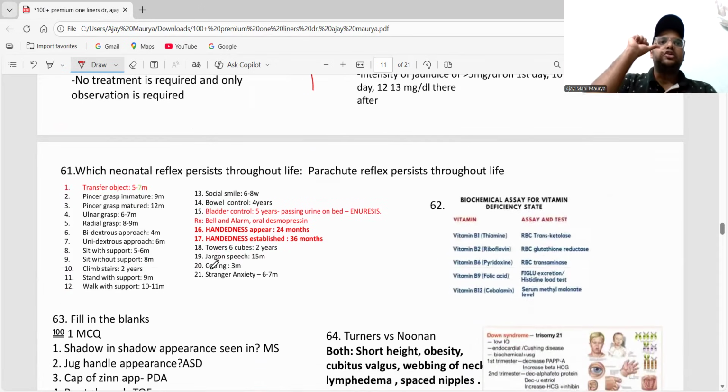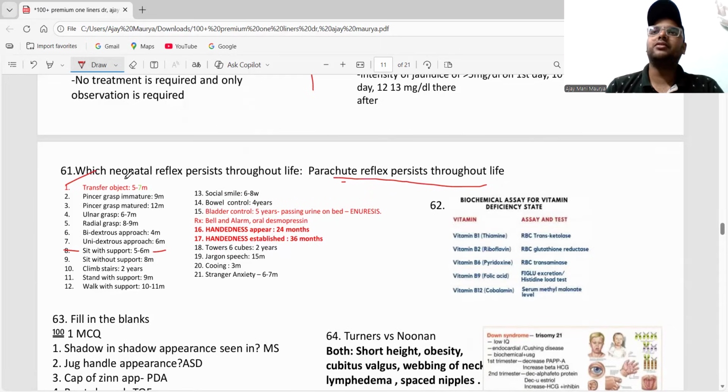Next one, which neonatal reflexes persist throughout life? The parachute reflex persists throughout life. Apart from this one, guys, you have to remember some important points here. Transfer objects at 7 months, sit with support, sit at 6 months.